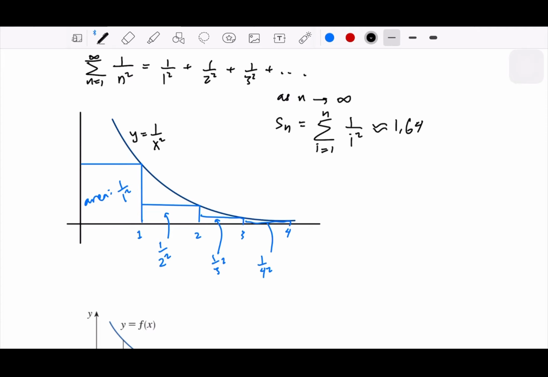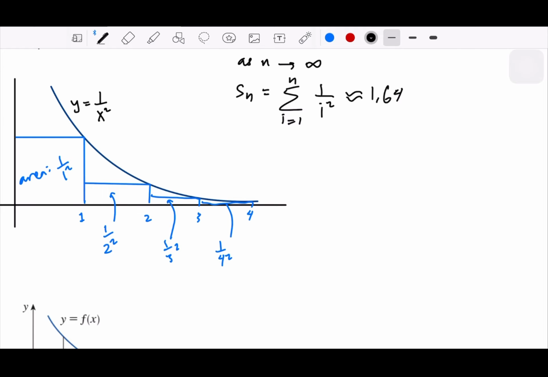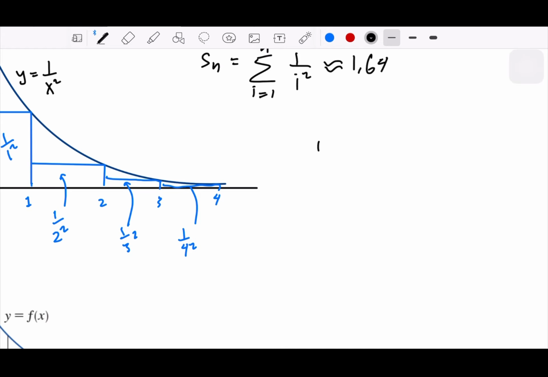We can also rewrite this series in terms of the integral, and from what we have observed, there is a slight difference from this empty space, right? Okay, from this empty space.